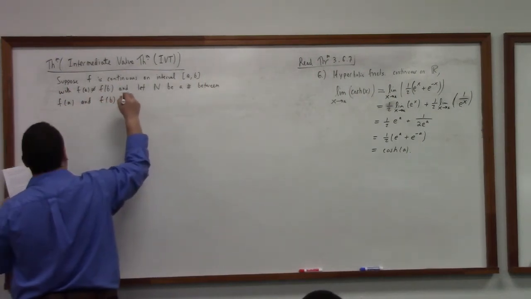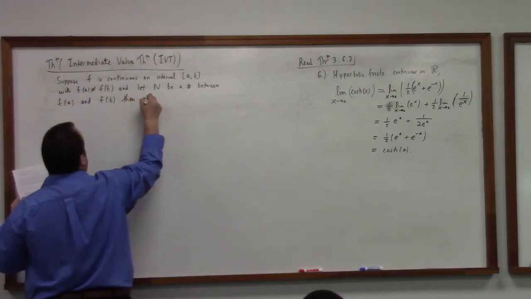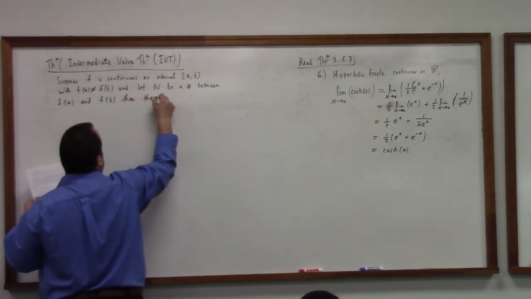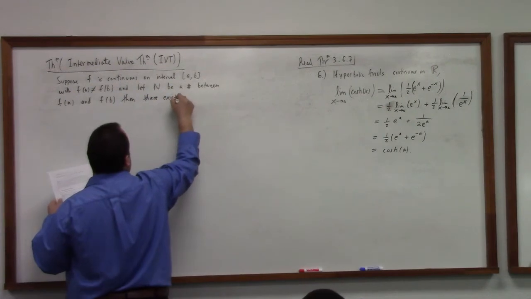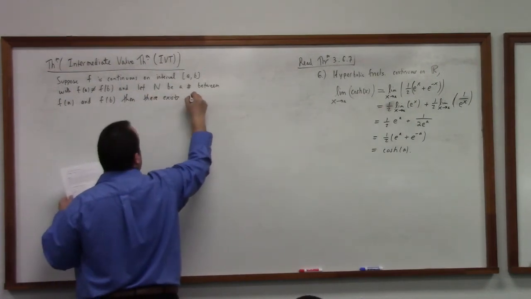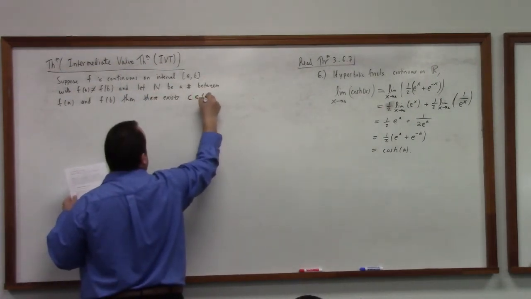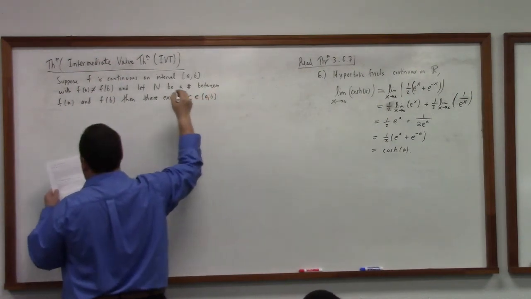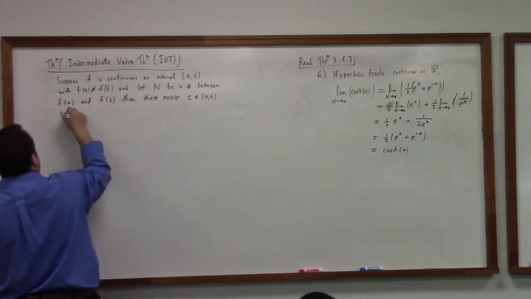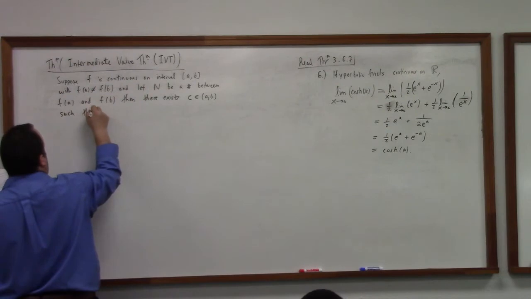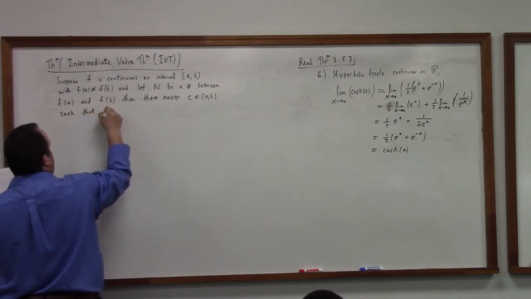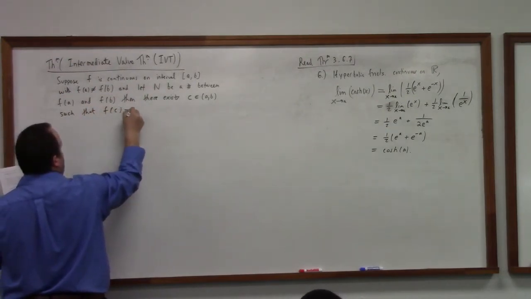All right, then there exists c in the open interval from a to b such that f of c is equal to n.